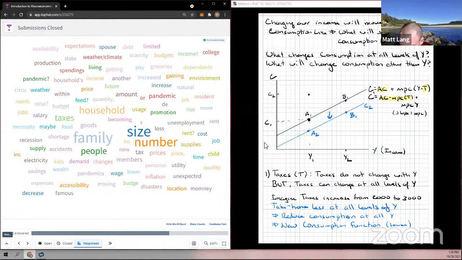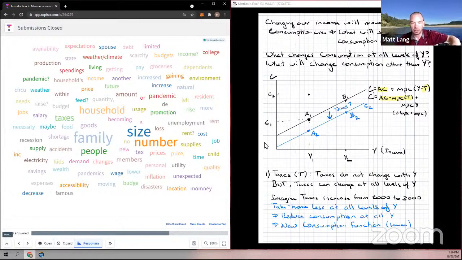That is one way that we can shift our consumption function: in this case, we would say taxes have gone up. Oh, and thank you for that B1 versus B2. Thank you, right? So taxes have gone up. That's pushed down consumption.